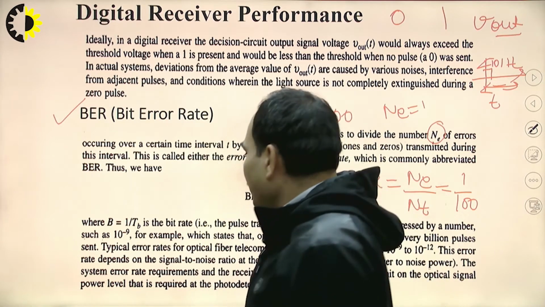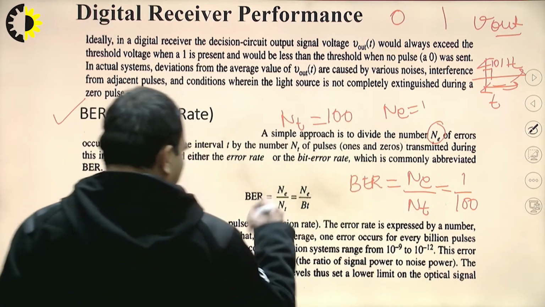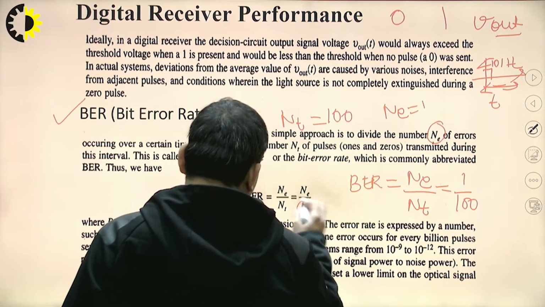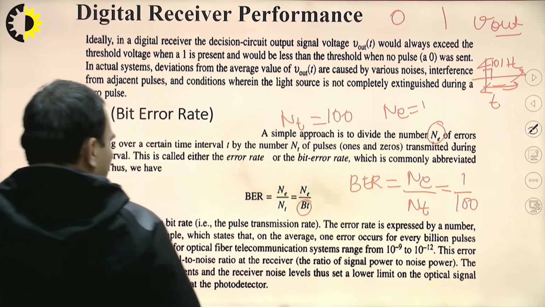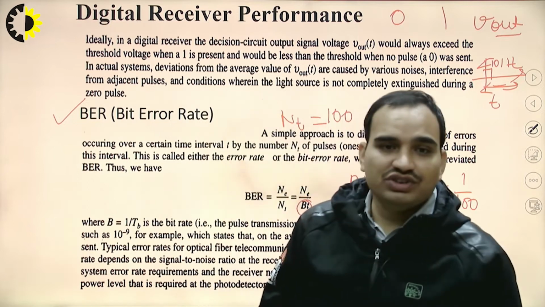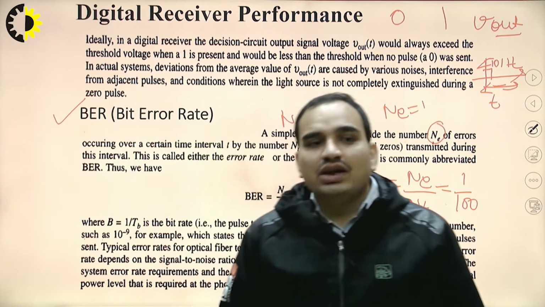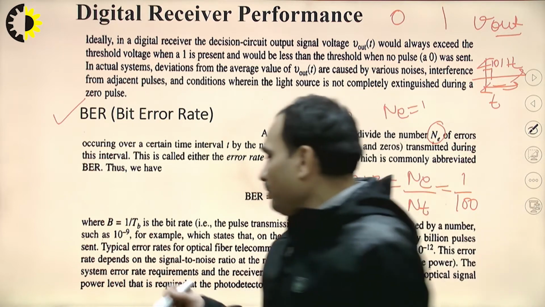We can also represent this in terms of the bit rate, B equal to 1 by TB, which is the pulse transmission rate, and the error rate is expressed by a number such as 10 to the power minus 9.